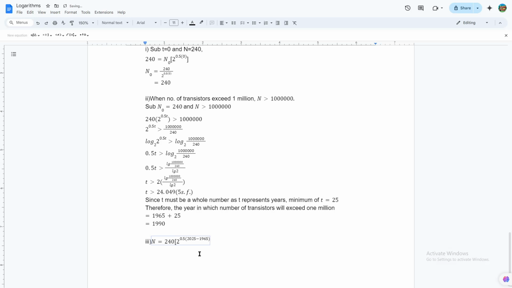So n equals, if we key this into the calculator, it will show a very weird number, which is 2.576980378 times 10 to the power of 11.